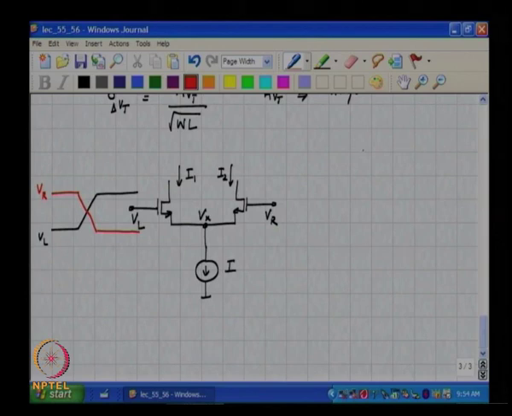So, can we comment on what happens to Vx?